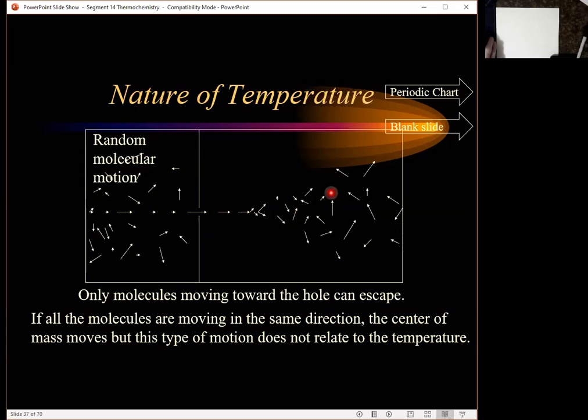Now, why do you get 25 degrees again way over here? Well, let's look at that molecule just coming through the hole. It's traveling faster than the ones that already got out, so eventually it's going to overtake one and hit it. We don't know where it's going to hit, near the top or the bottom or the left or the right, so it's going to hit at some direction and bounce off.